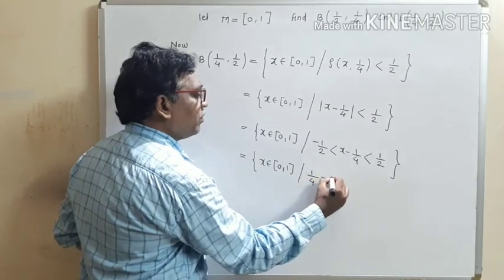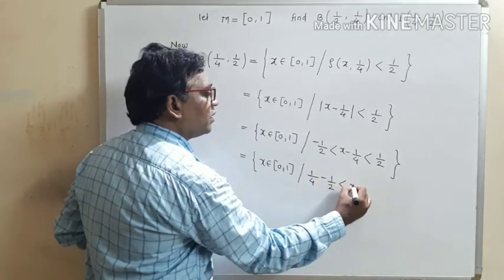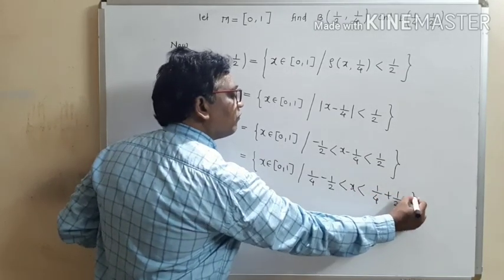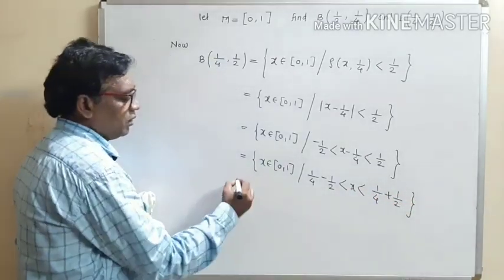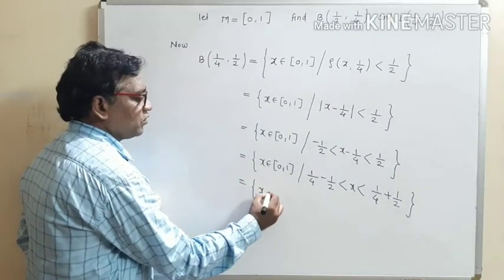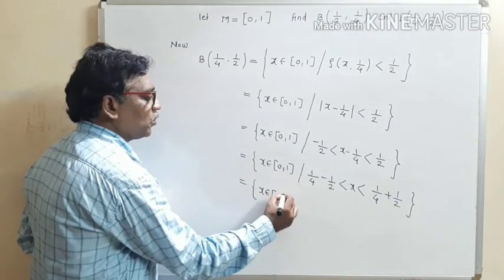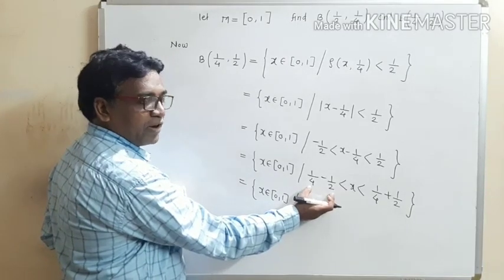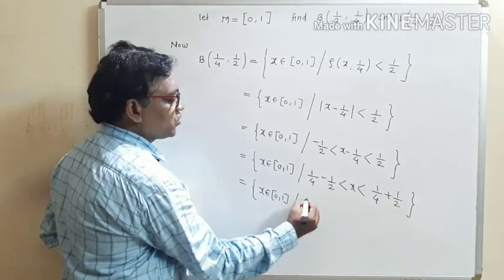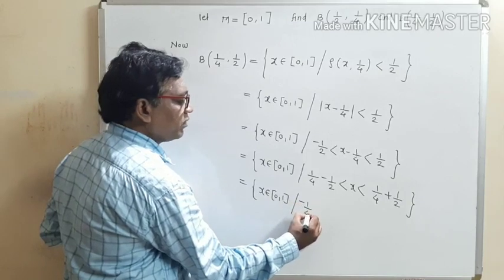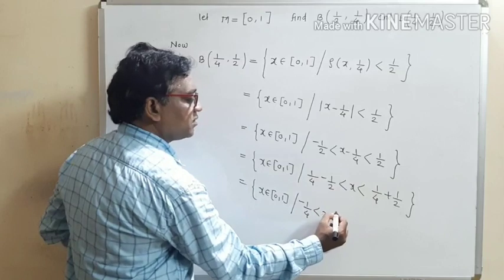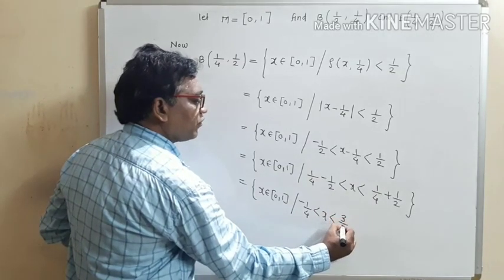So 1/4 minus 1/2 is less than x, which is less than 1/4 plus 1/2. Now 4 is the LCM. So 1 minus 2 is minus 1/4, less than x, less than 3/4.